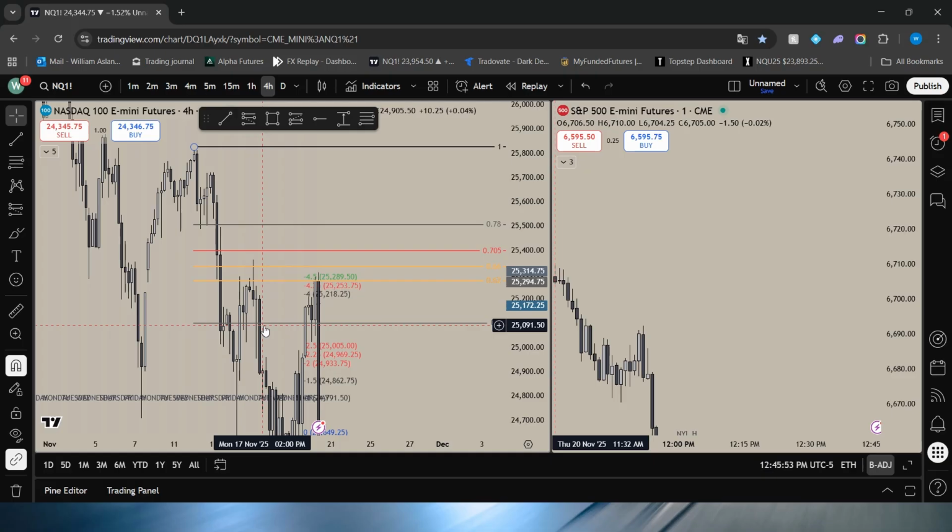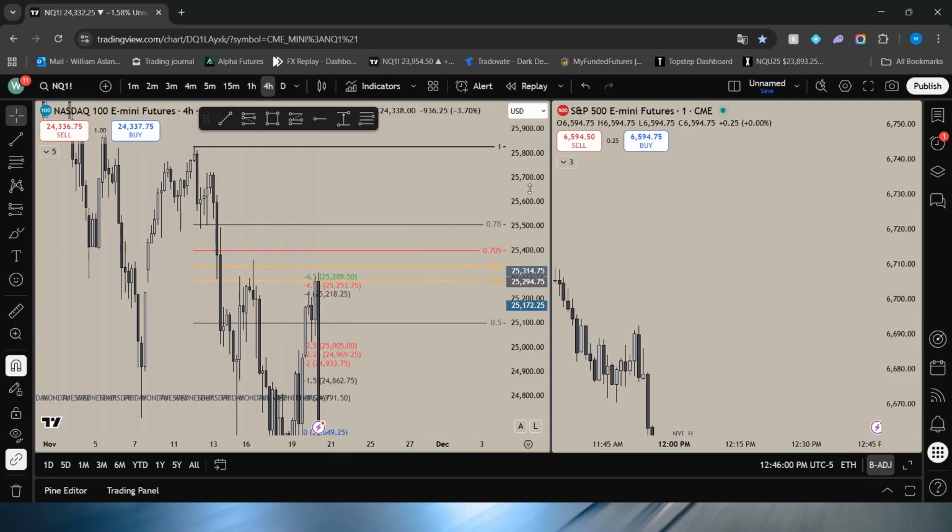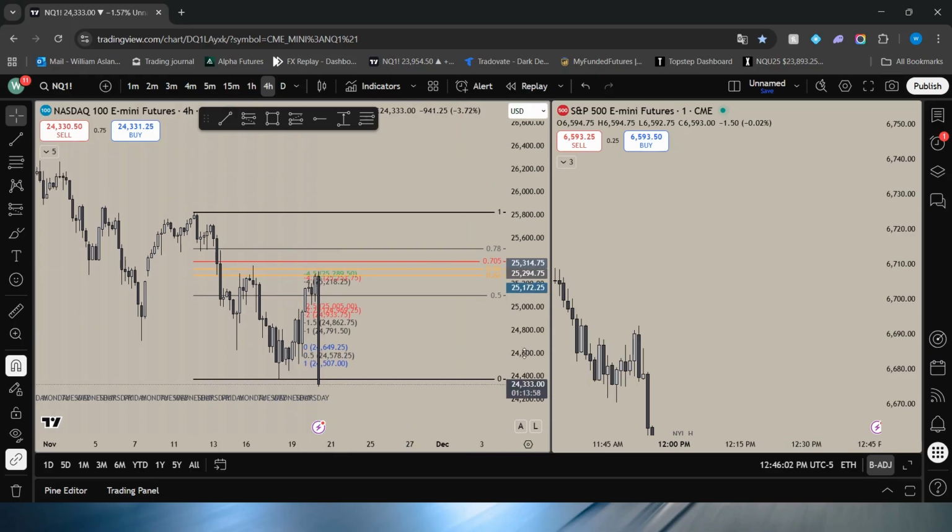And so these kind of go hand in hand. My buddy taught me this. And honestly, I always thought top and bottom ticking and standard deviations was like rocket science. Honestly, it's so much simpler than people make it out to be. It really is super simple.